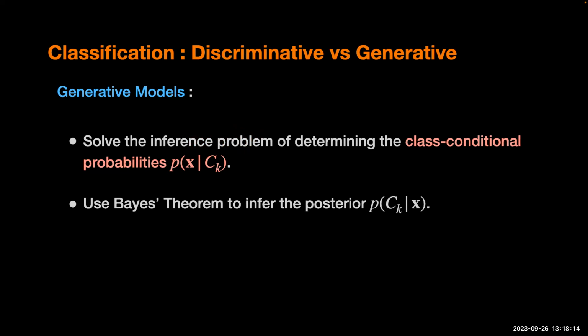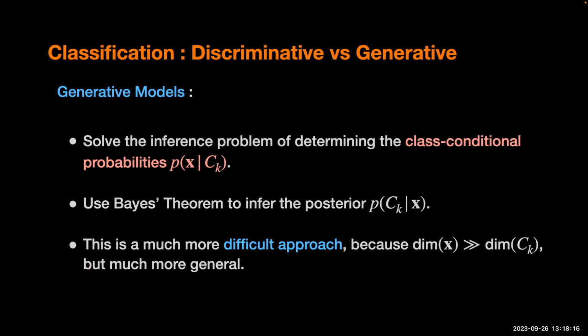But this is of course a much more difficult case, because p(x) is generally a higher dimensional object, right? Take images for example, x can have n pixels. So to describe the distribution of the images is much more difficult than to describe the boundary between the images. An analogy that you can keep in mind is the following.